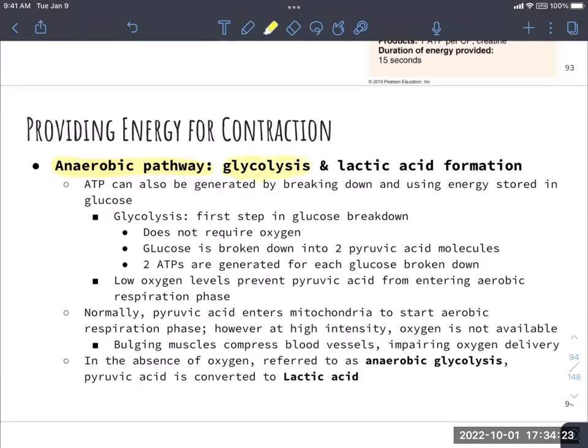It's a good 9, 10, maybe even 12-step process that works together to take glucose and turn glucose into 2 ATPs, and pyruvic acid molecules is our other molecule besides our 2 ATPs. So each glucose gives us 2 ATP.